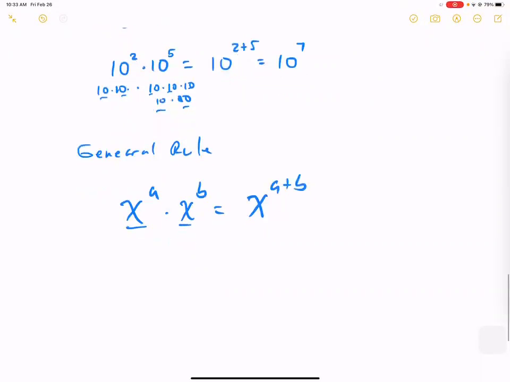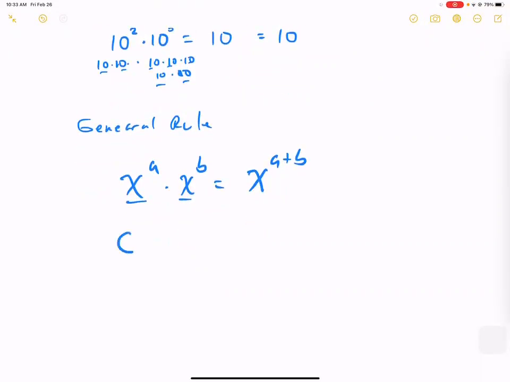What if it's a number? Okay, let's say it's a constant. Say c. C to the a times c to the b. This is c to the a plus b. And this is true no matter what you have as the base, as long as it's the same base. Right? We're multiplying it. That means we're just having more multiples of it. And what we do is we add the exponents.